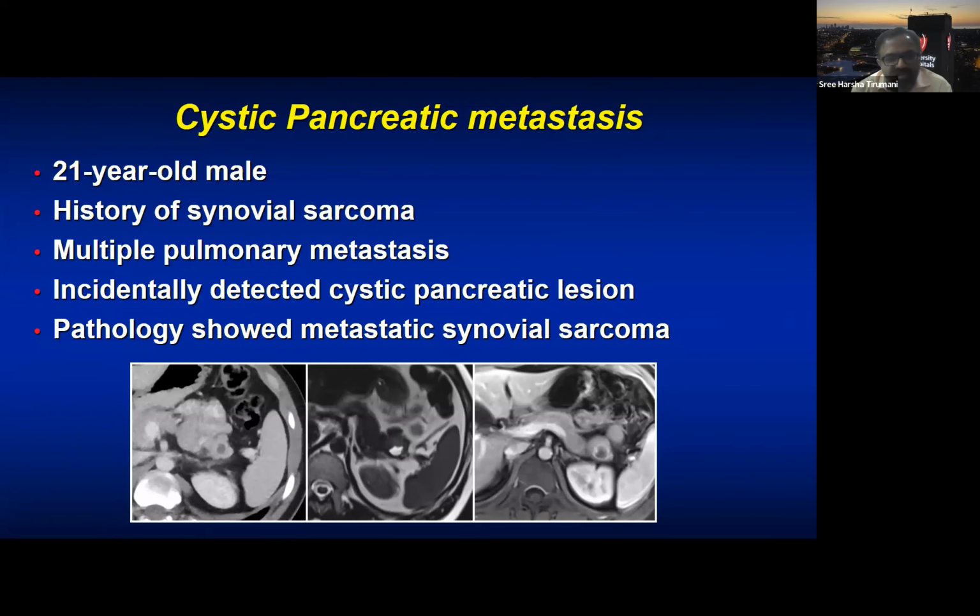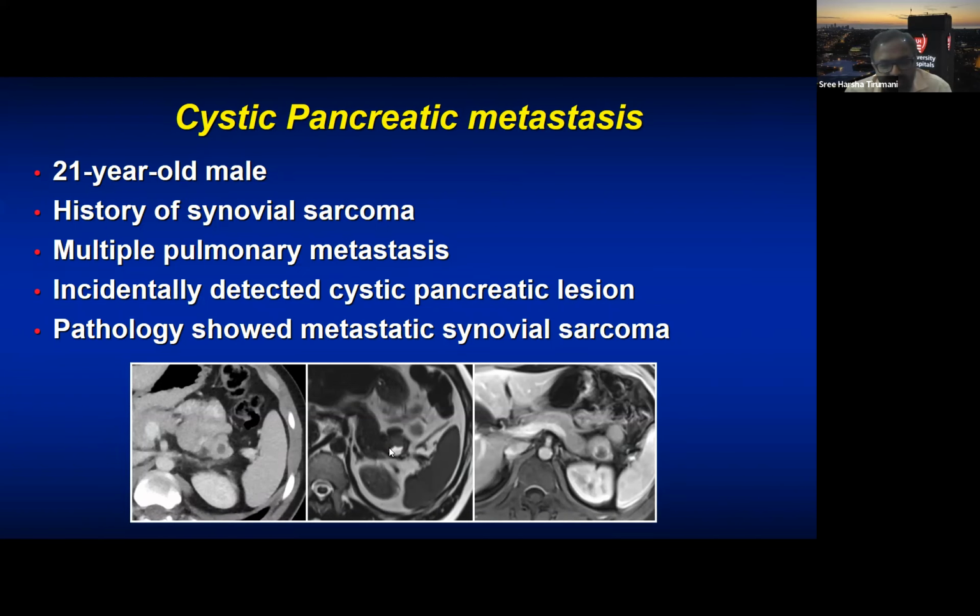Last but not least, cystic pancreatic metastasis, very rare, but again, another case from personal experience. A patient with a history of synovial sarcoma had this cystic lesion in the tail of the pancreas, which initially was thought to be an incidental cystic neoplasm, but over a period of time, it continued to grow in size.